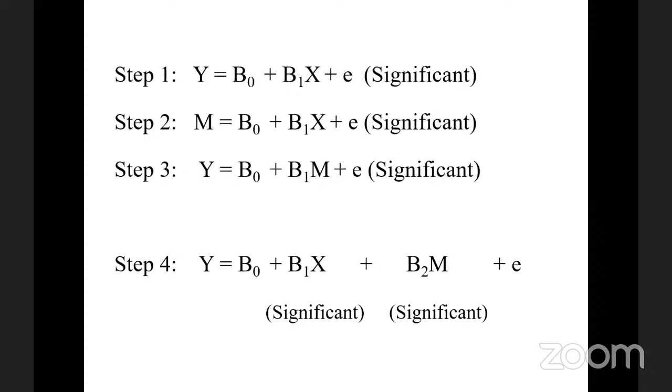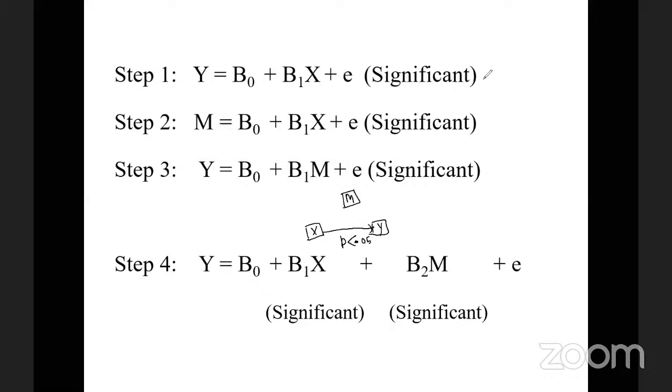So there is a significant impact. What does it mean? So this is my model: M, Y, and X. Here, first case, it should be significant. The p value should be less than 0.05.